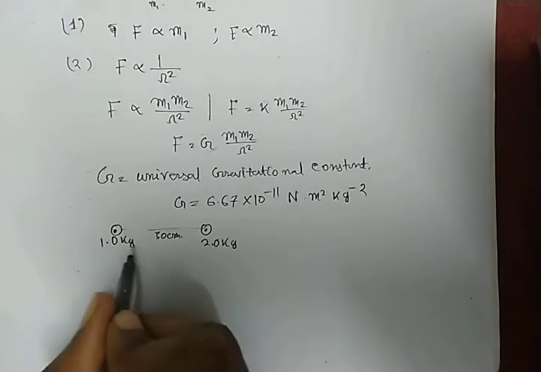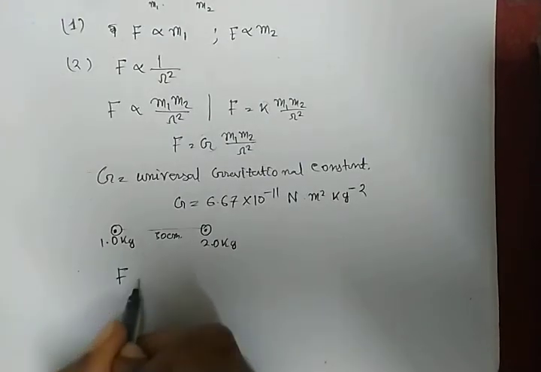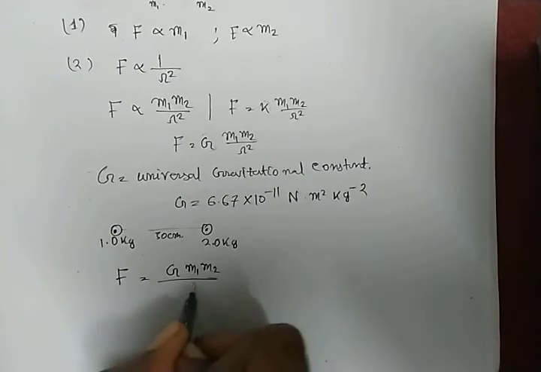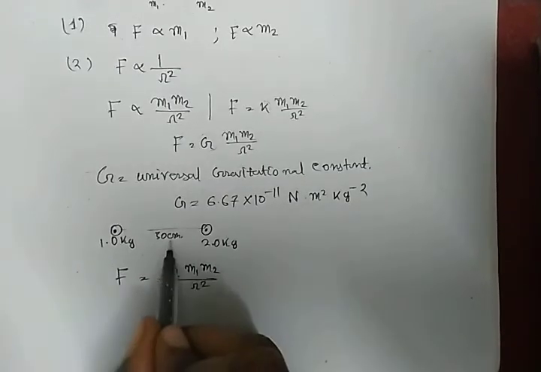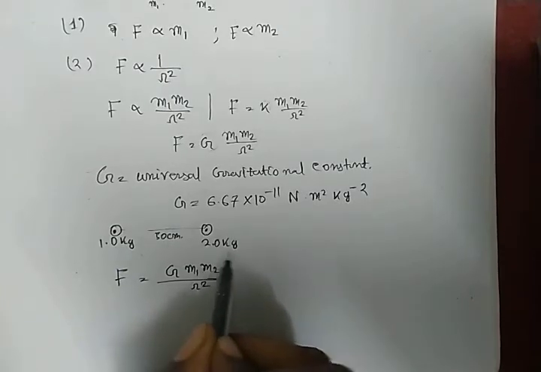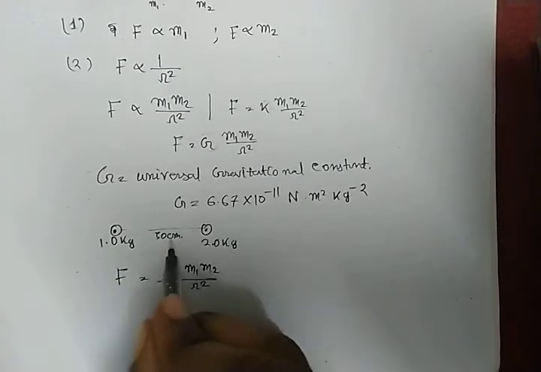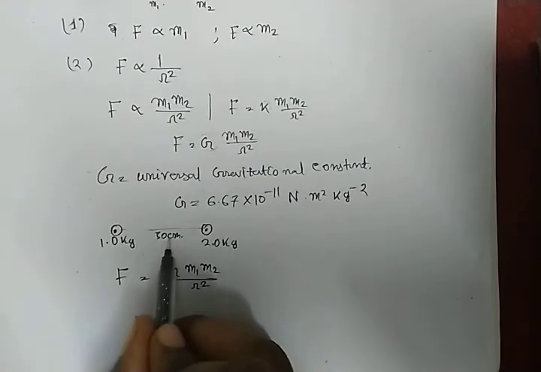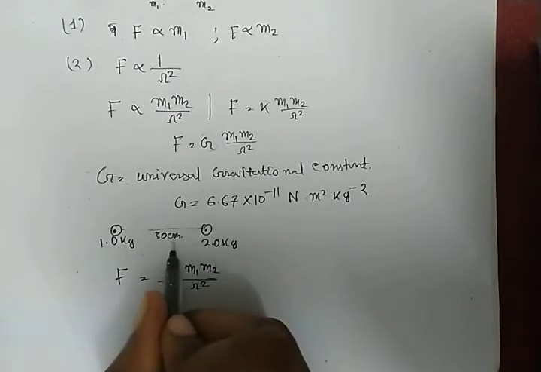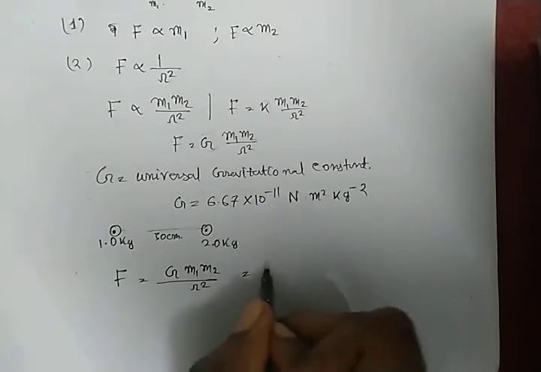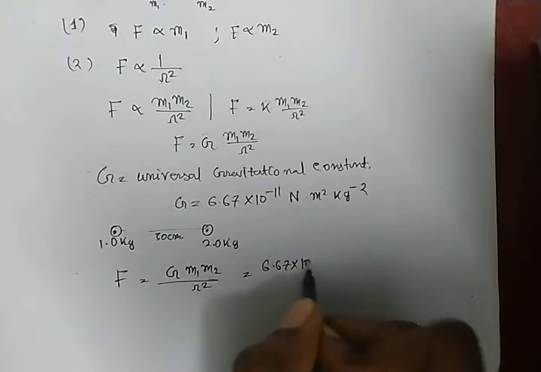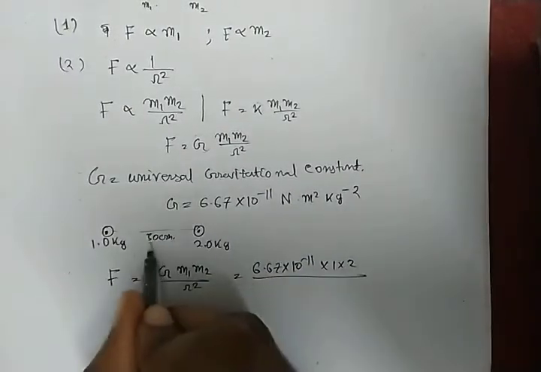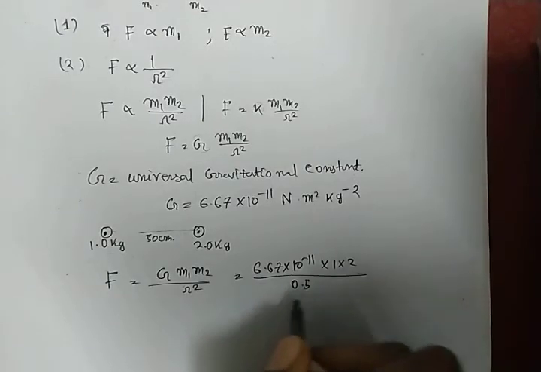So the force between them is G m1 m2 by r square. You see those are different units. This is cm, this is kilogram. Kilogram is the standard SI unit, but cm is not, so we'll need to convert it to meter. So 6.67 times 10 to the power minus 11 times 1 times 2 by 50 centimeters, which means 0.5 meter squared.